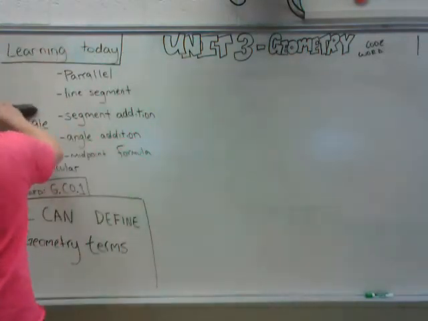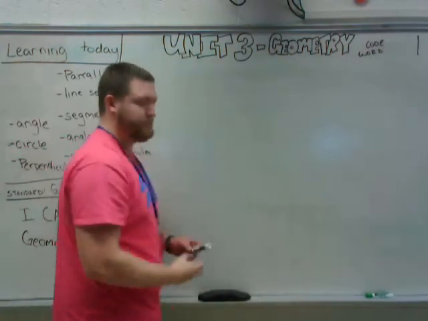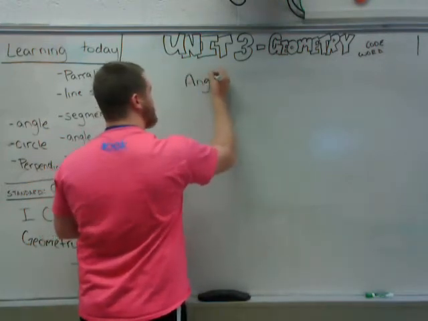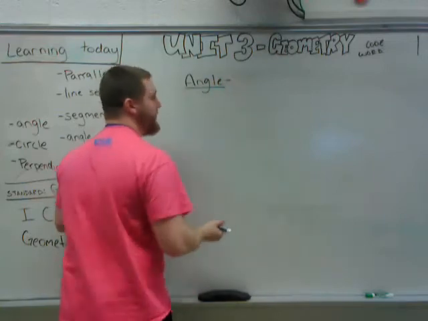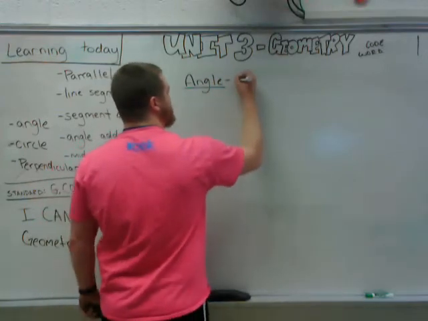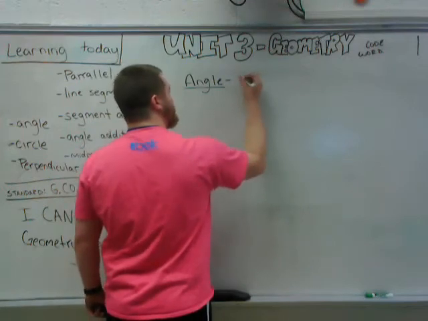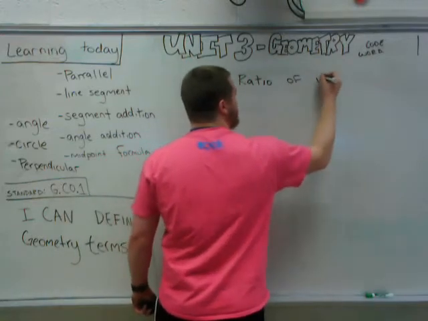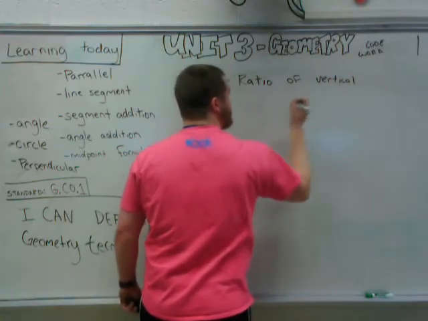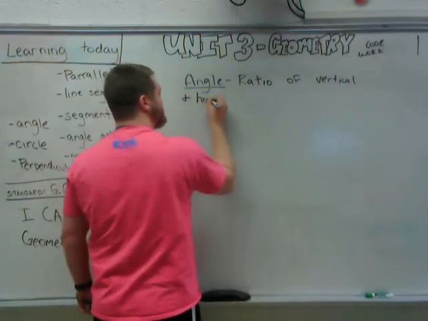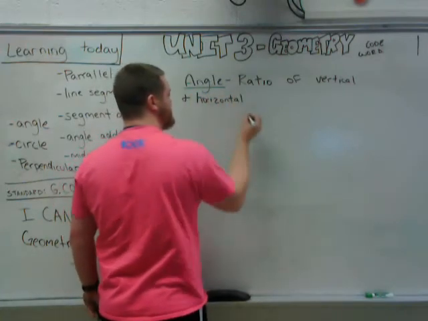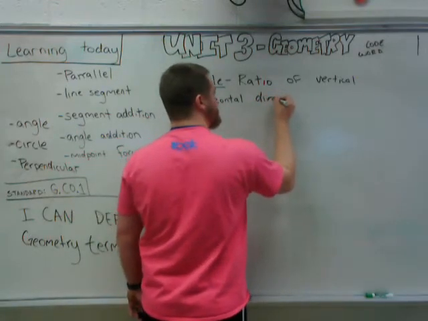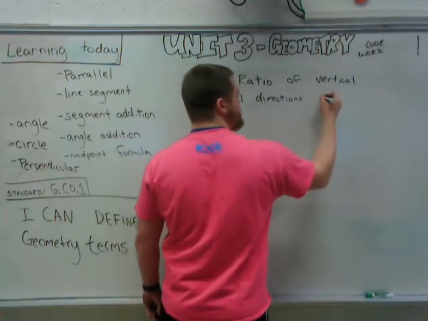is an angle. An angle is, we'll say, a ratio of vertical and horizontal directions, measured by what?